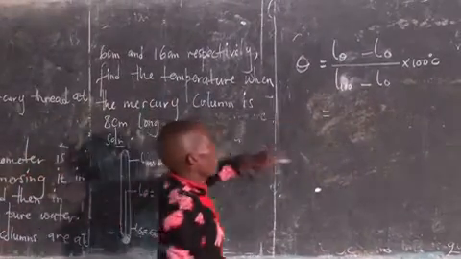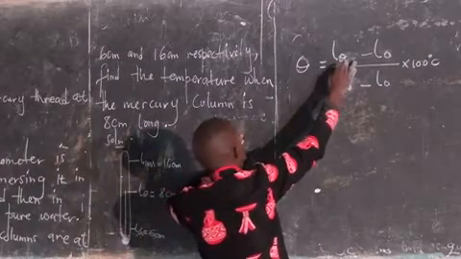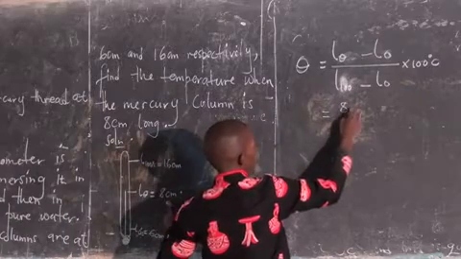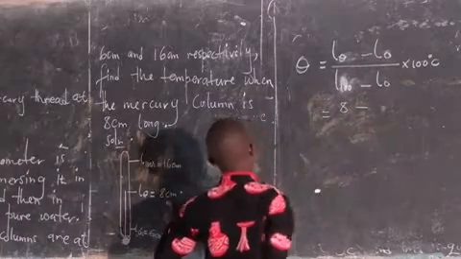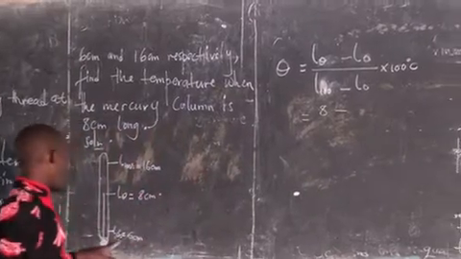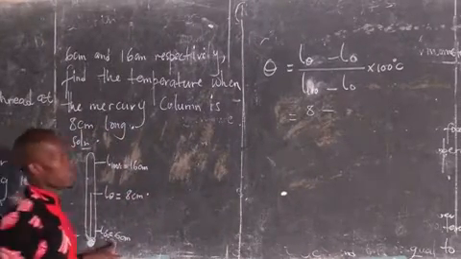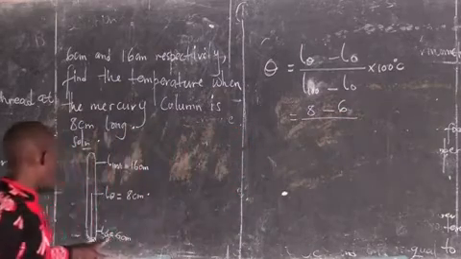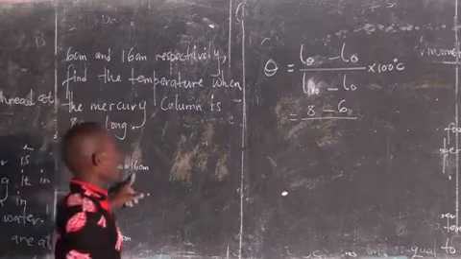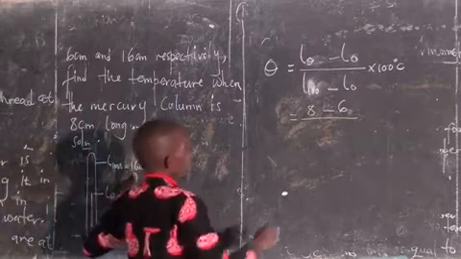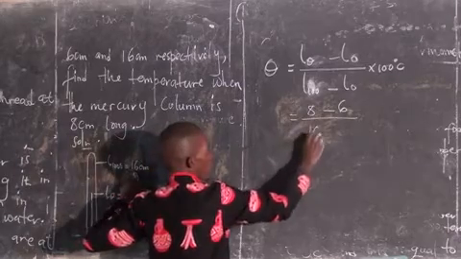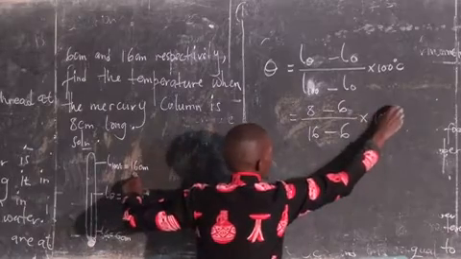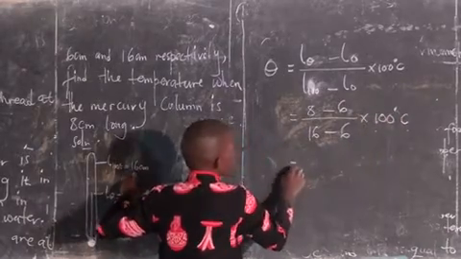So, we can say the length at that temperature is 8 minus the length at 0 degrees Celsius, which is 6, divided by 16 minus 6, times 100 degrees Celsius.